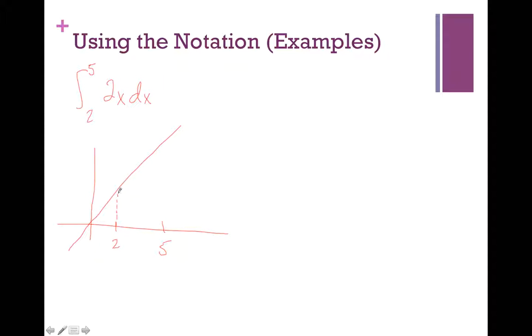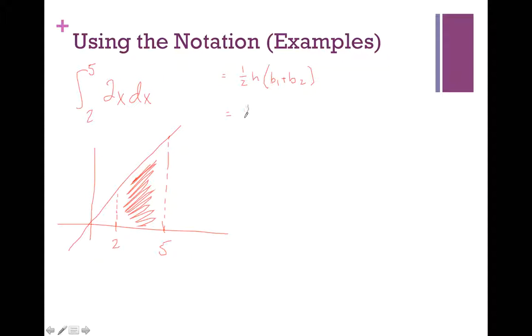If I tried to find the area under this particular curve, the shape looks a little more complex, but if you flip it over on its side, we get a trapezoid. A trapezoid has area equal to 1/2 times the height times base 1 plus base 2.